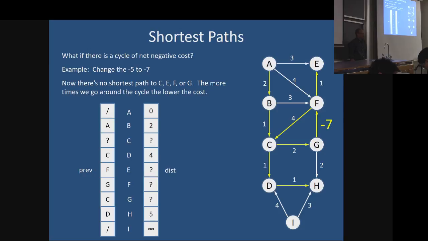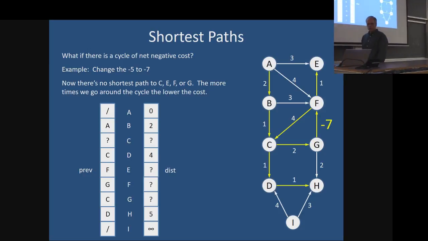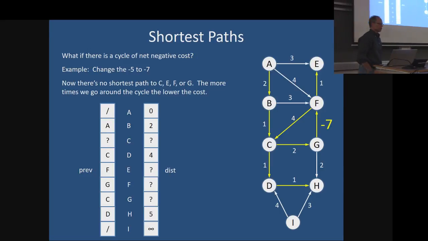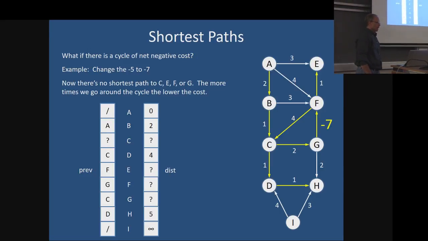There's a problem in the book that I sometimes assign that has to do with using graphs to model currency exchanges. Imagine that you've got dollars and you want to change them into euros, and then you change the euros into pesos, and then you change the pesos back into dollars.